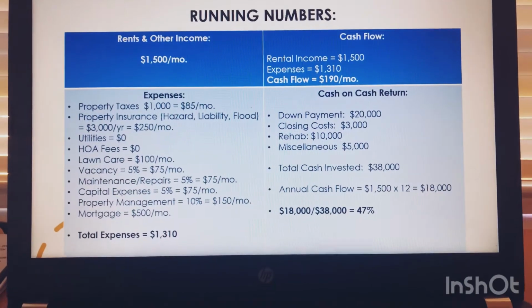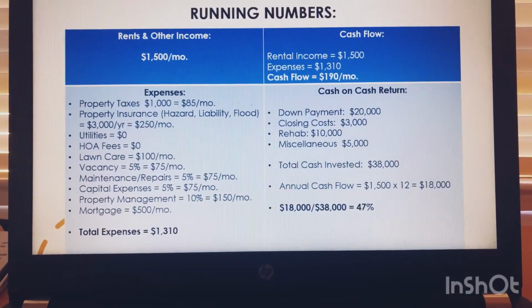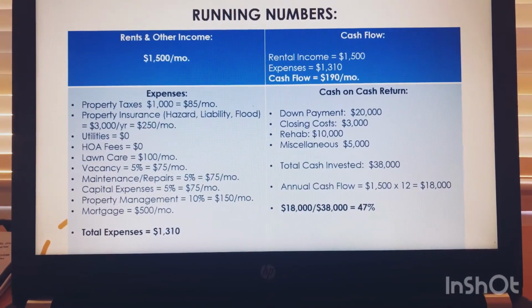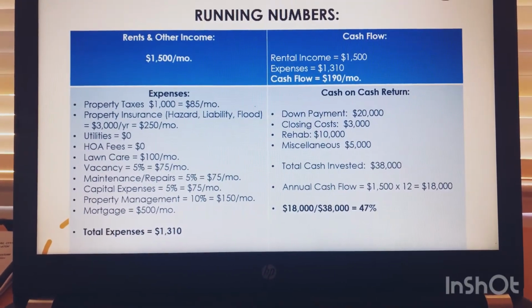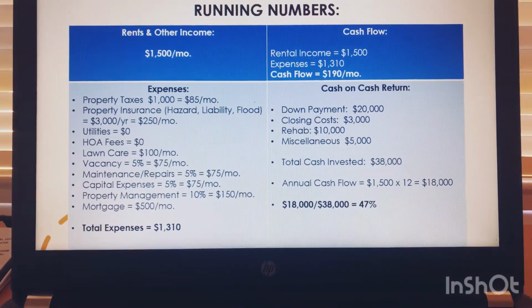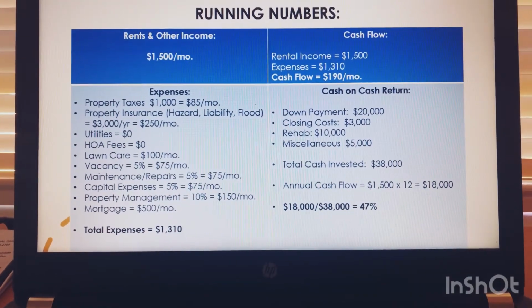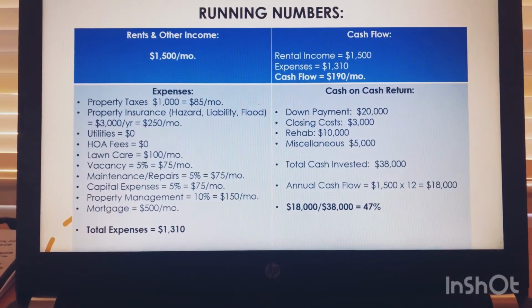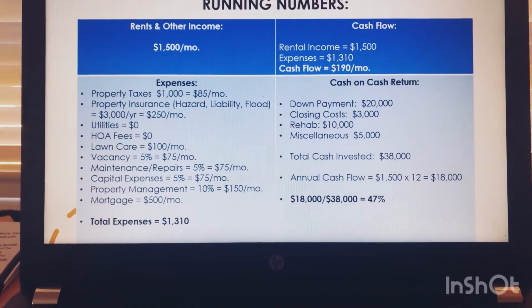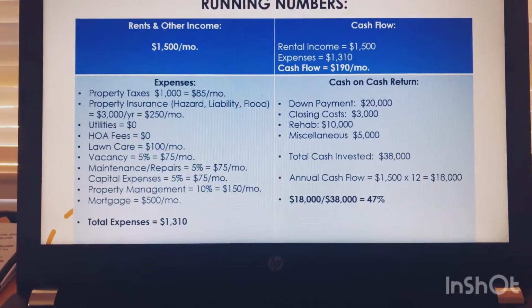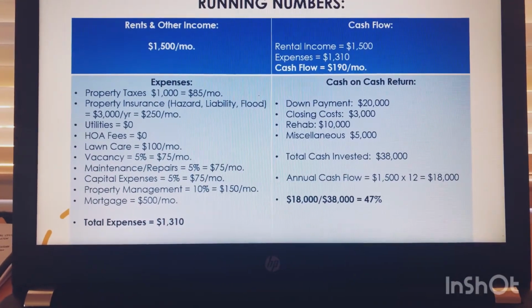So what is cash on cash return? Cash on cash return is really just how much of your personal cash are you putting into the property, and what is your return on that going to be, right? Because you would use these same standards if you were to invest, say, in the stock market. If you're putting in, you know, $200 a month, $500 a month in the stock market, you want to make sure you're getting a return on that.